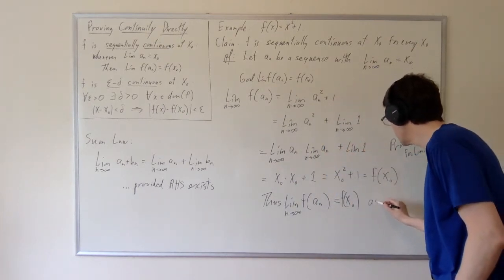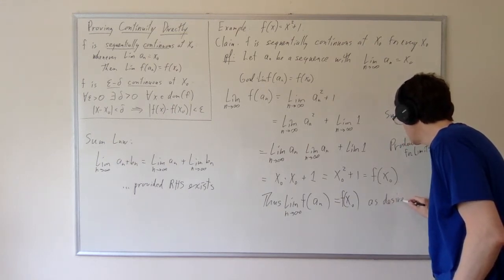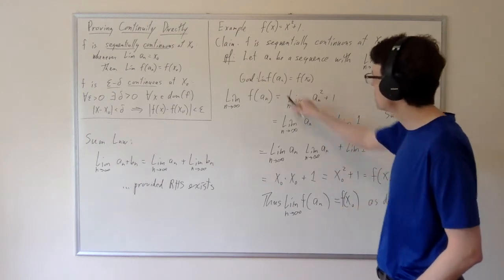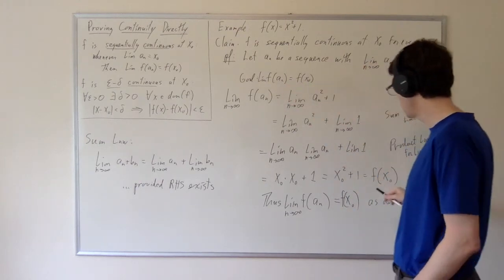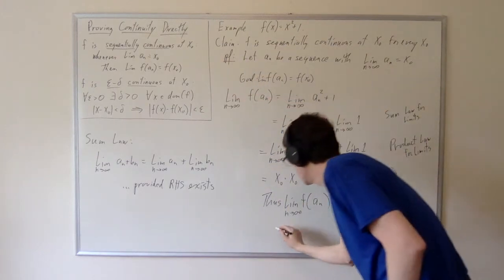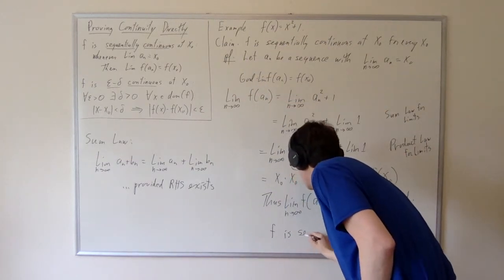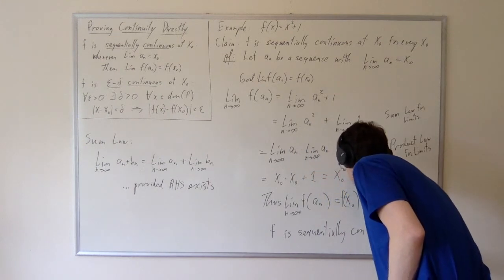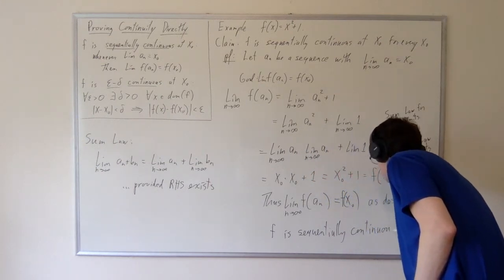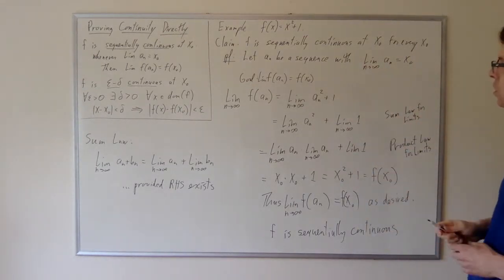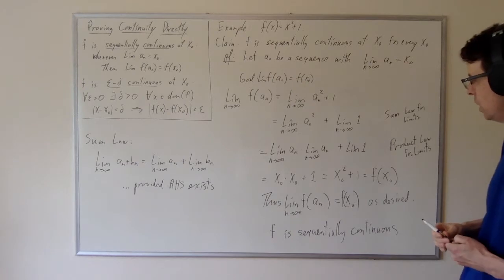And that's as desired. So what have we shown? For any sequence a_n which converges to x naught, the sequence f of a_n converges to f of x naught, which is the definition of sequential continuity. And so we can conclude that f is sequentially continuous, which is what was claimed here. So this is a demonstration that f is sequentially continuous.